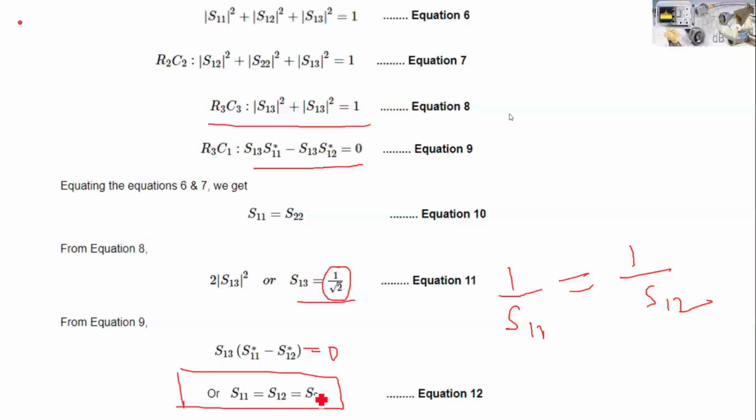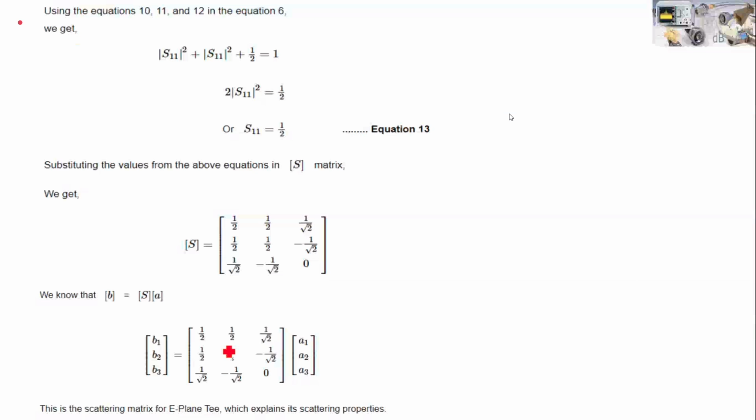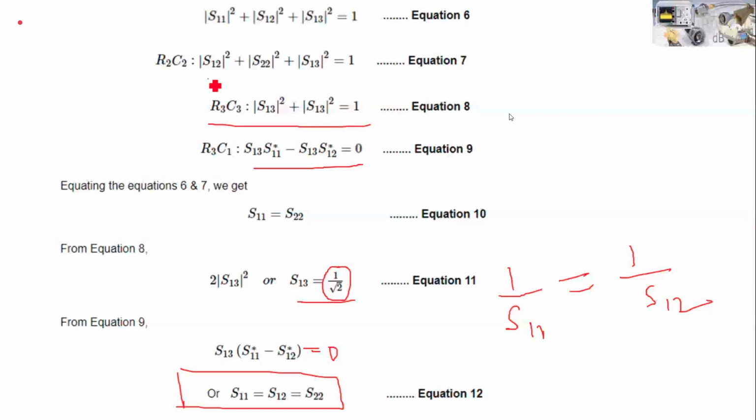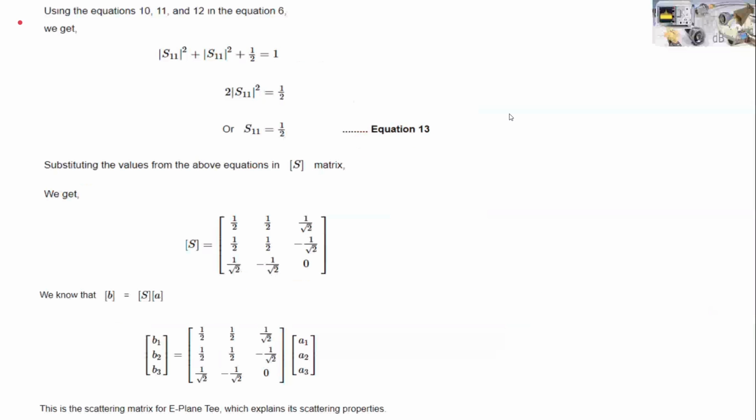Now see here, using all these equations, in any of these equations you can put the values you have, so you can get the value easily. So S11 squared plus S22 squared plus S13 squared, which you have already found as 1 by 2 because it is a square, so 1 by root 2 squared is nothing but 1 by 2, is equal to 1. So twice of S11 squared is equal to 1 by 2. So S11 is equal to what? 1 by 2.